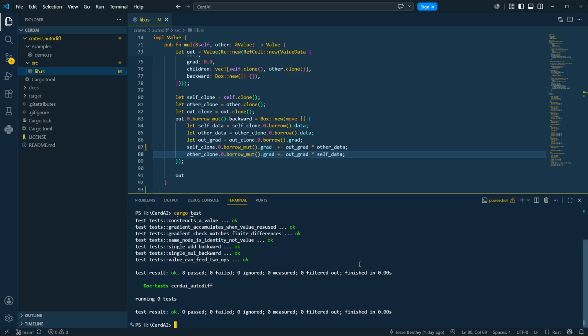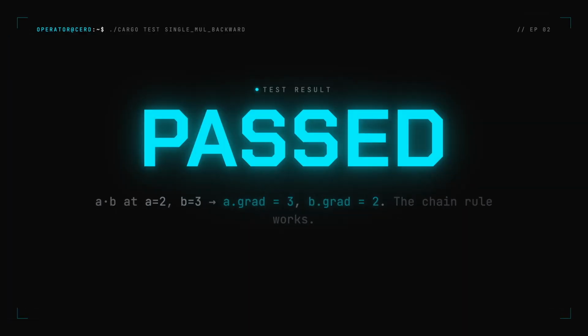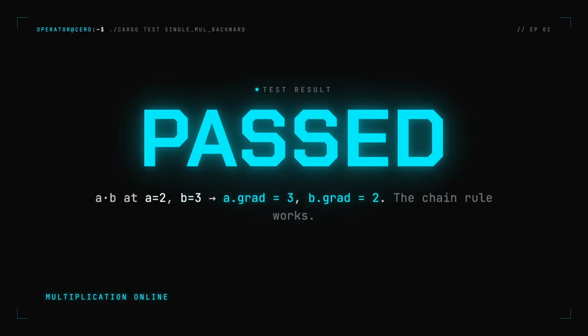And as you can see at the end of the clip there, the test is now passing. So A is 2, B is 3, and when you run it, A's gradient is 3, that's B, and B's gradient is 2, and that's A. The cross derivatives are right, so multiplication is working correctly currently.